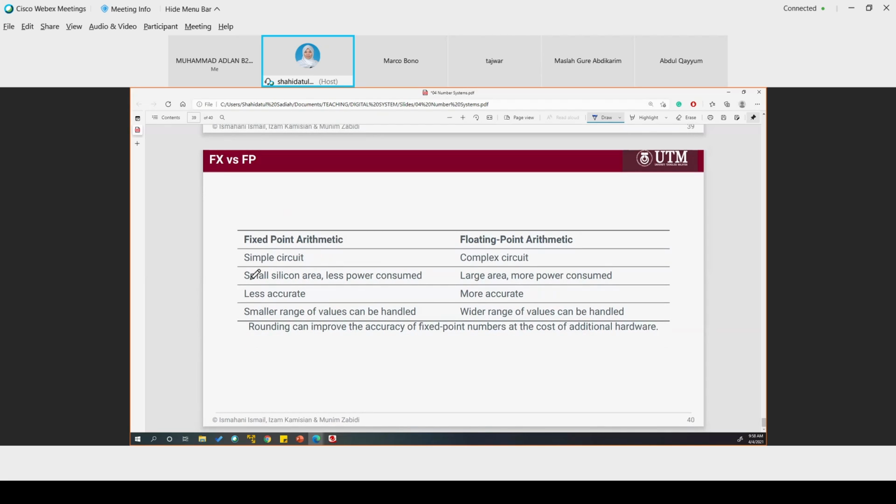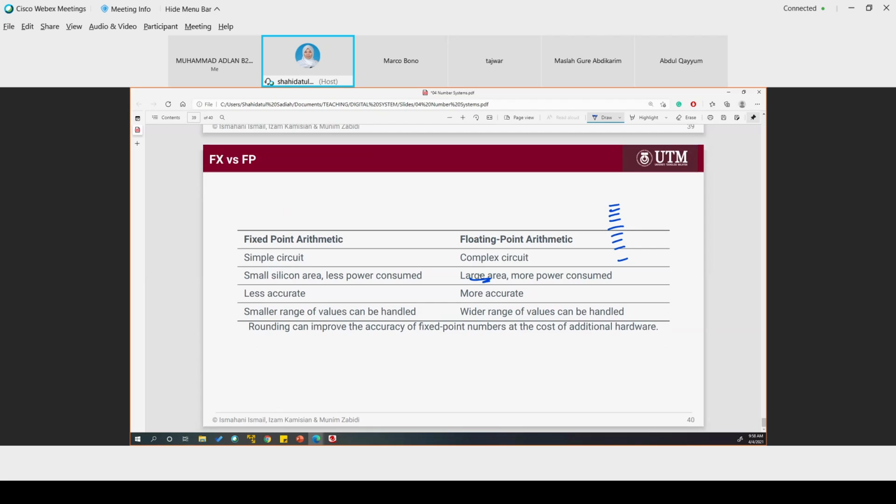So the fixed point arithmetic will only need a small silicon area and consume less power, while the floating point needs a large area. Of course, if we are following the IEEE standard, we need 32 bits at least for the single precision. So of course, they will need a larger area. Longer bits mean you need more wire on your circuit, because one wire will carry 1 bit, so there will be more power consumed.